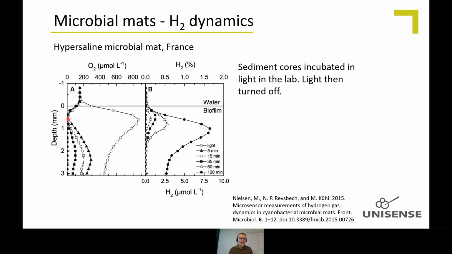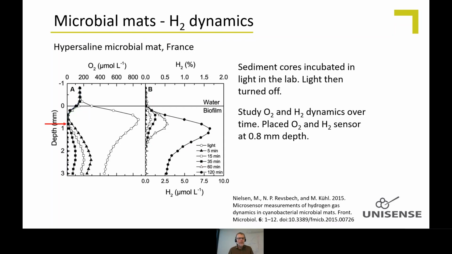Oxygen disappeared immediately from the peak, but remained deeper down in the sediment even after 35 minutes, and that was a big difference to the Danish site. But hydrogen appeared very fast. Not after 5 minutes, but after 15 minutes, you start seeing hydrogen, and then at 35 minutes and so on, you see it's climbing up, with a very prominent peak here after 120 minutes.